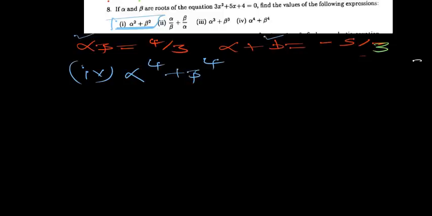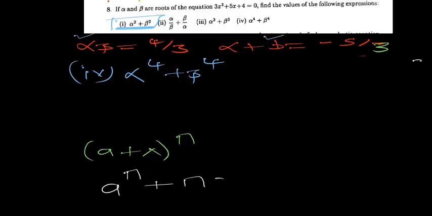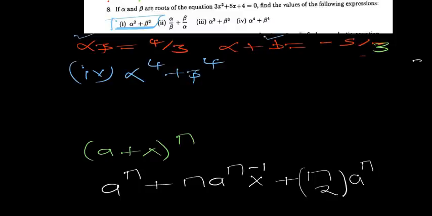You understand that if you've got a plus x raised to the power n, the expansion becomes a to the power n plus, and then you have n a to the power n minus 1 x plus n choose 2 a to the power n minus 2 x squared.